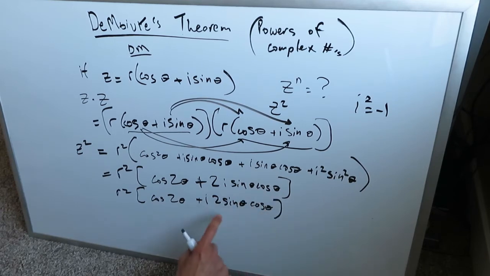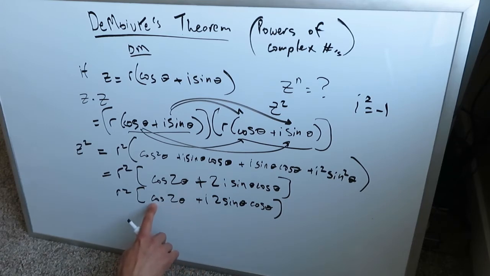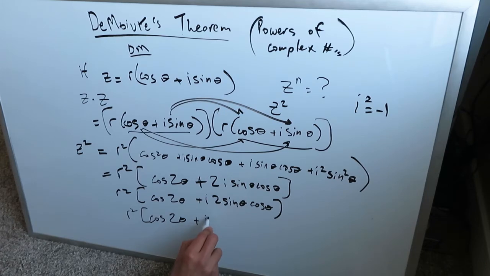And now you can see 2 sine theta cosine theta is a trigonometric identity. Sine 2 theta is equal to 2 sine theta cosine theta. It's a similar type of identity to the one for cosine, but this one is for the sine. So your final answer is r squared cosine 2 theta plus i, let's be neat over here, sine 2 theta.